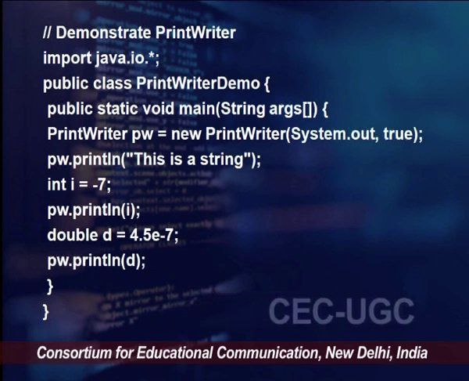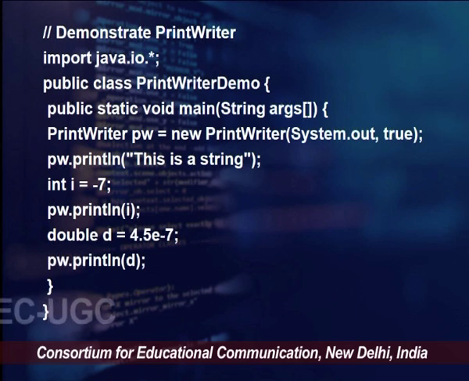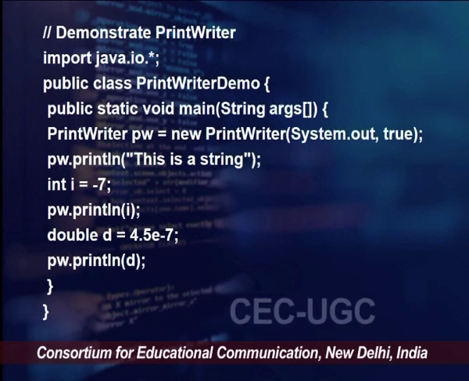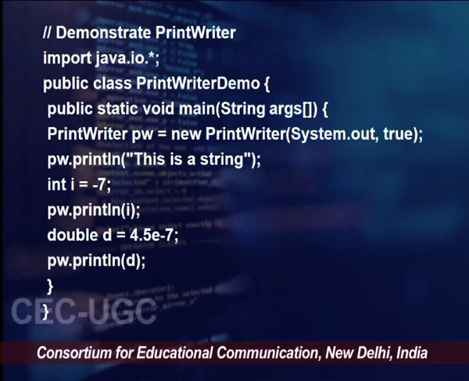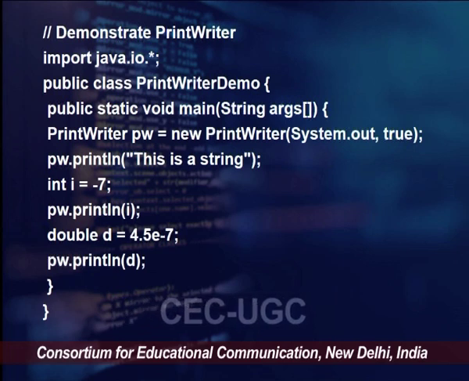So, pw.println of a string, then there is an int variable i which is assigned -7, then pw.println(i), and then printing a double variable d which is 4.5e-7, in its exponential form, and then pw.println(d).